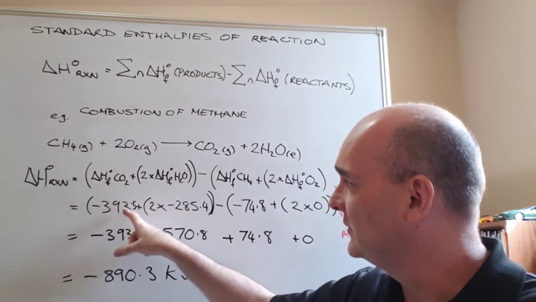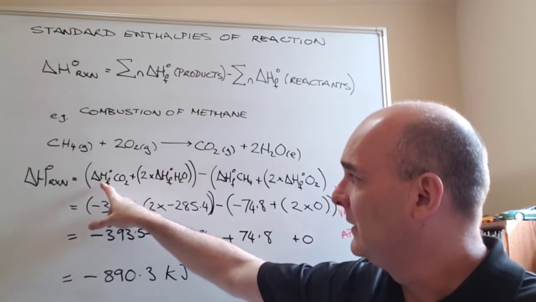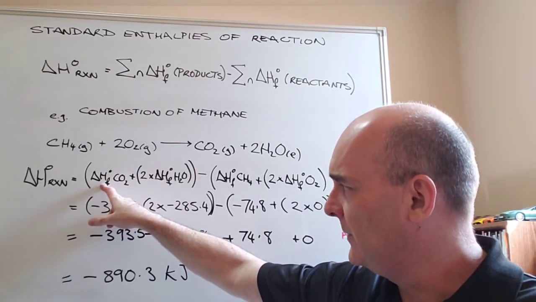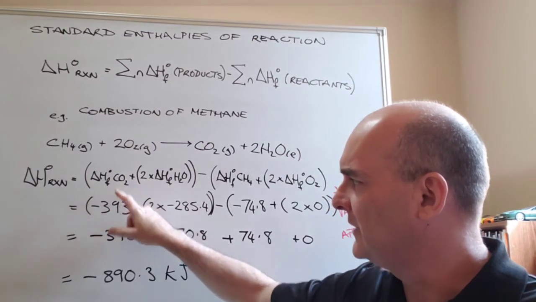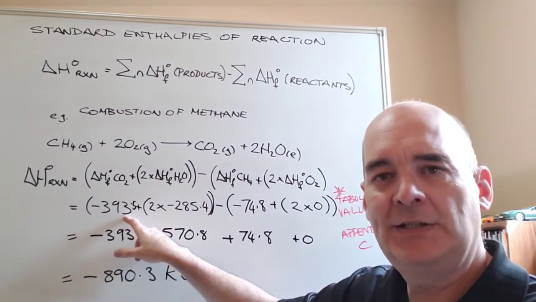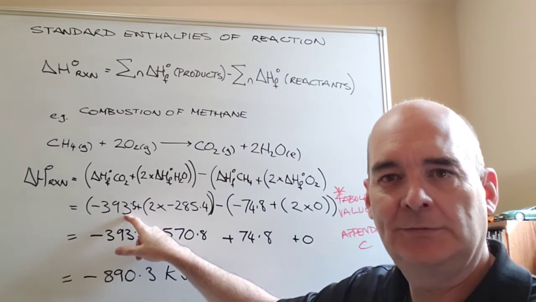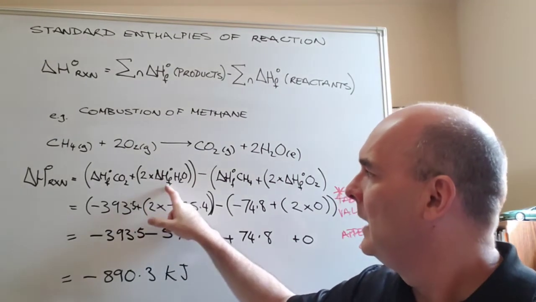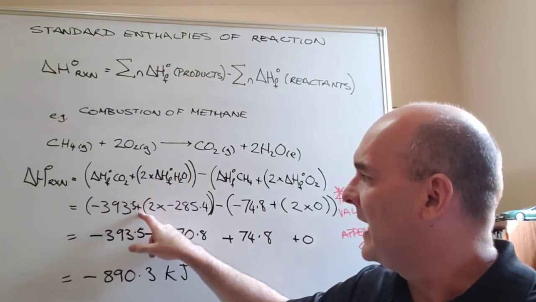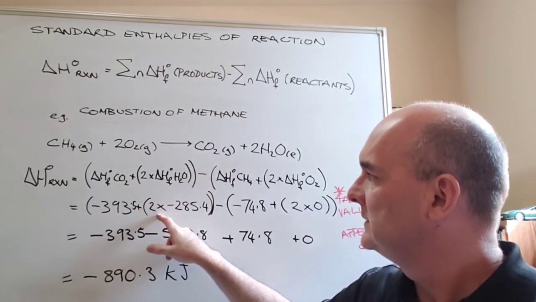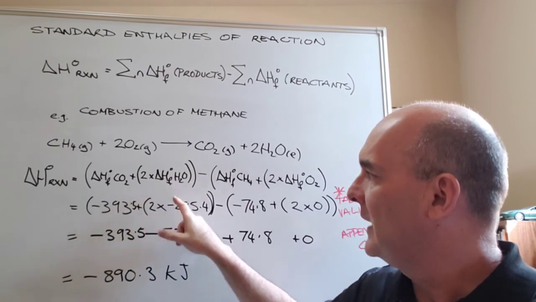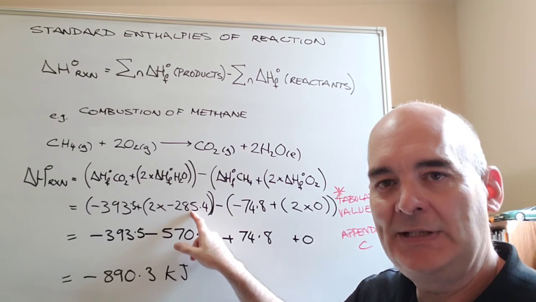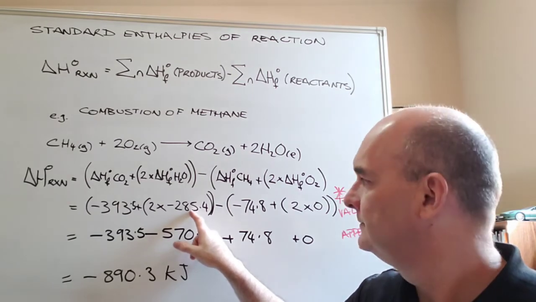So I'm just going to slot my numbers in. The appendix tells me that the standard enthalpy of formation of carbon dioxide is negative 393.5 kilojoules per mole. That's a number that we looked at just a minute ago. And I'm going to add to that twice the value of the enthalpy of formation of water. And the appendix tells me that number is negative 285.